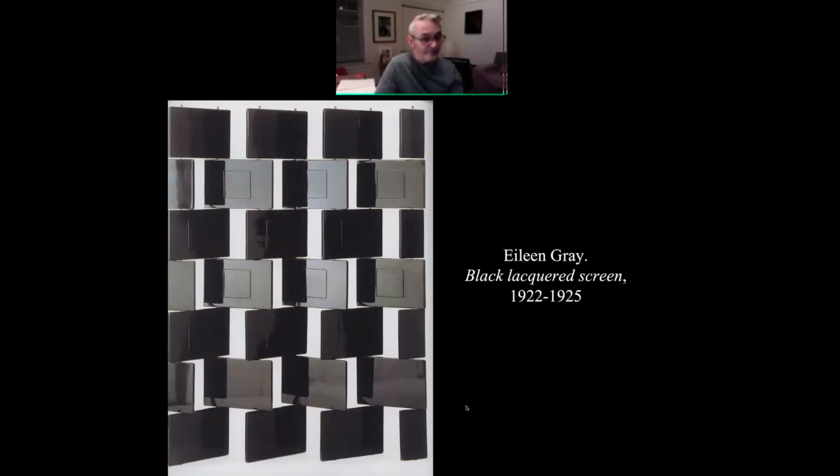Designers think about something like a screen like this that when it is folded to stand, it creates a pattern in 3 dimensions. Interior design is three-dimensional design, and architecture is as well.